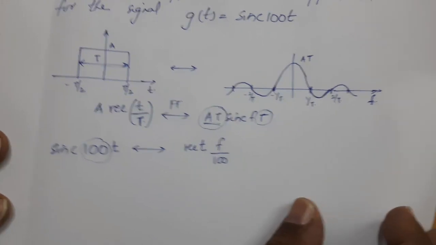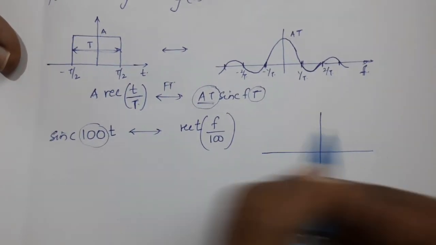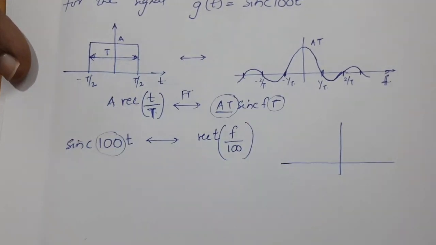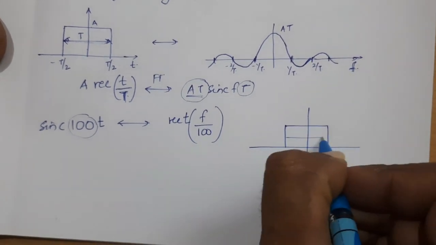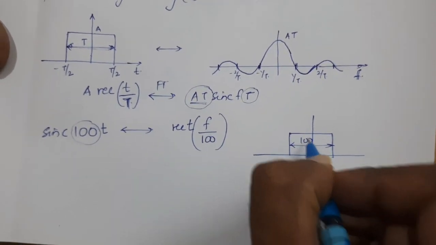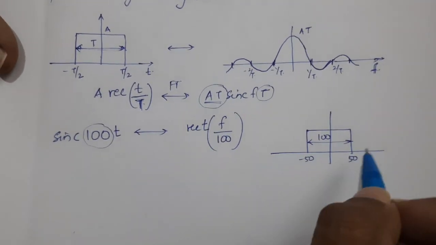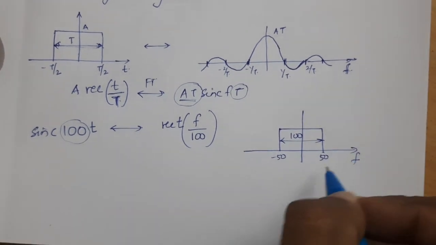right? So if you plot this rect(f/100), see, this T is the total width of the rectangular function. So total width is 100. So this is 50 and this is minus 50. Now what will be the maximum frequency present in the signal? The maximum frequency present in the signal is 50 Hz.